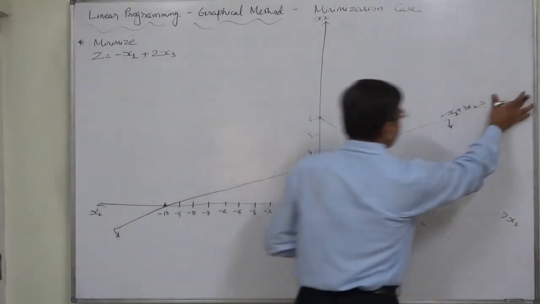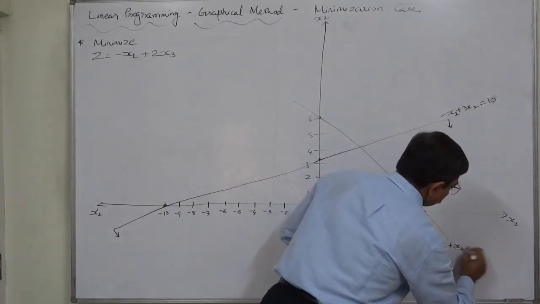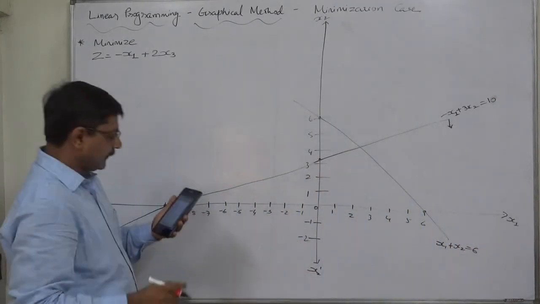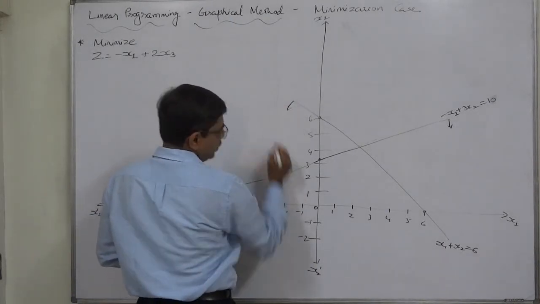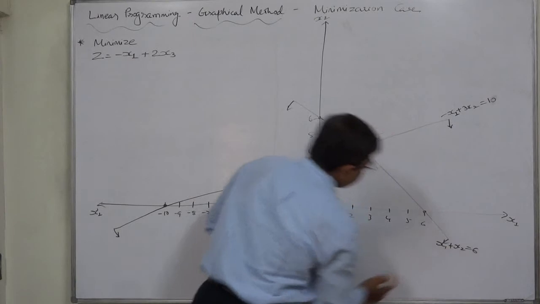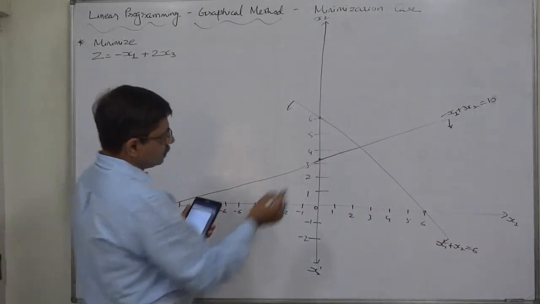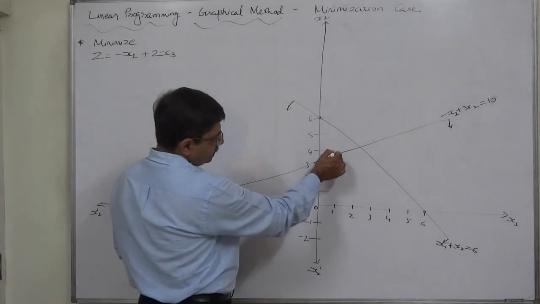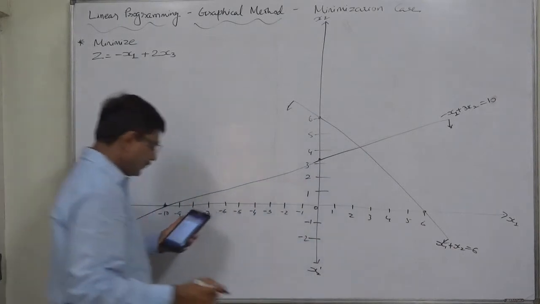In this case it is x1 plus x2 equals 6, but both are less than 6: x2 less than 6, x1 less than 6, below the line or inner side. So the shading of this is going below the line.